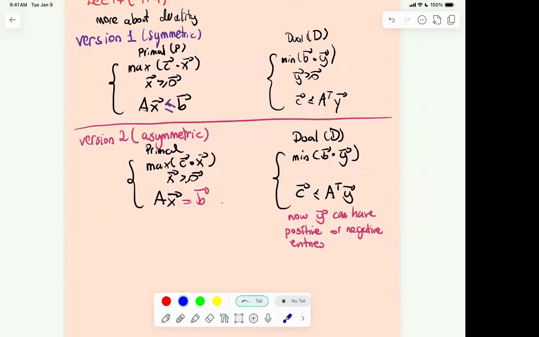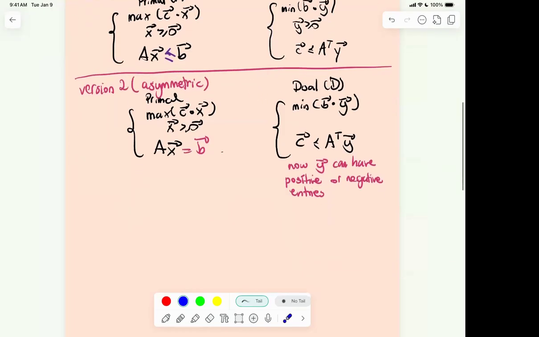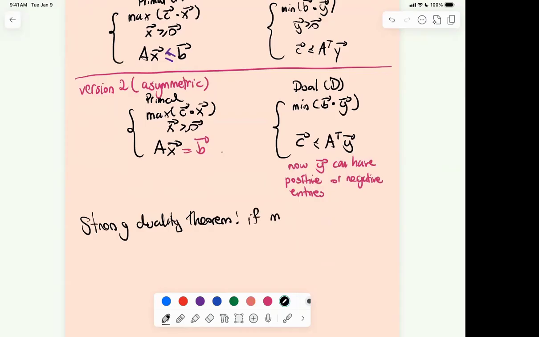Okay. But in any case, the strong duality theorem says that the max and the min agree. If the problems have finite solutions, then, I mean, there are other ways to write it, but I'll write it like this.